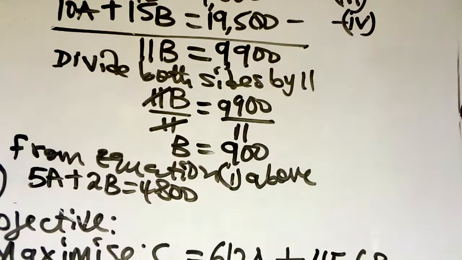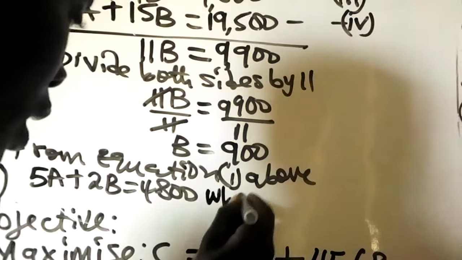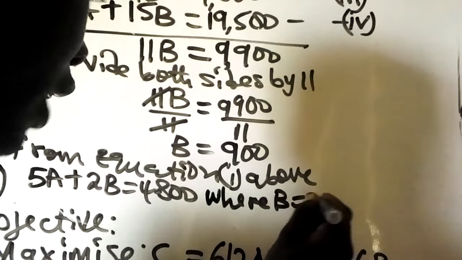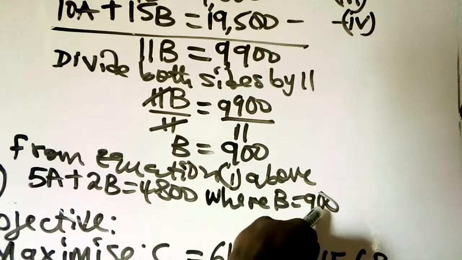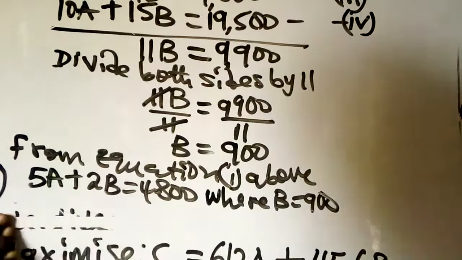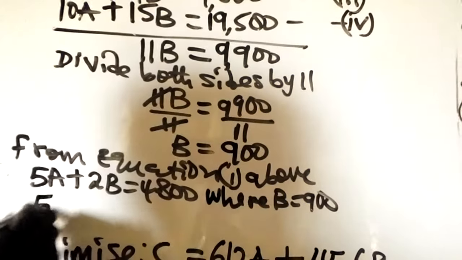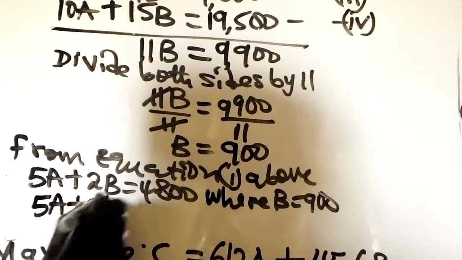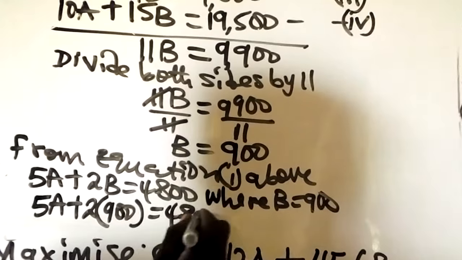You substitute 900 for b. Let's substitute 900 where b is 900. Then you have 5a plus 2 times b, which is 900, equals 4,800.